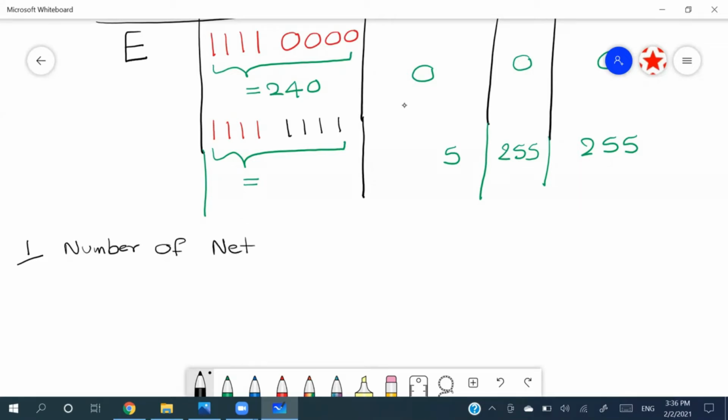number of networks, right? So this can be equal to 2 to the power of the number of net ID bits without leading bits.